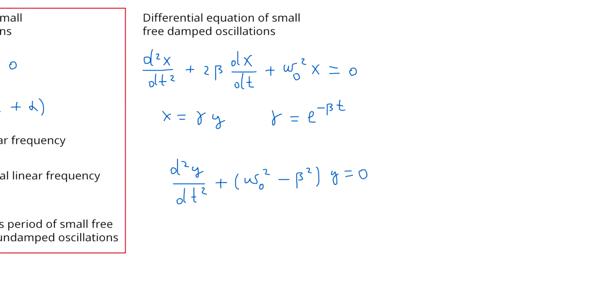and moreover, I can rewrite this substitution using this gamma. I'll rewrite this in next way: x equals e to the power of minus beta t multiplied by y.